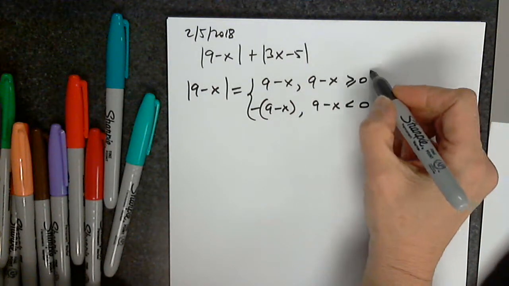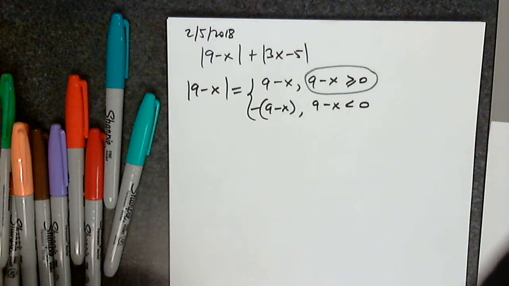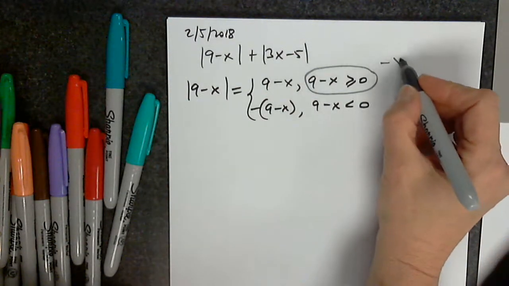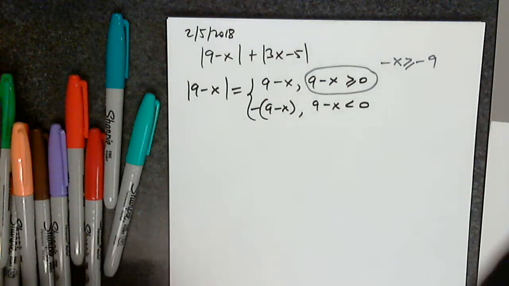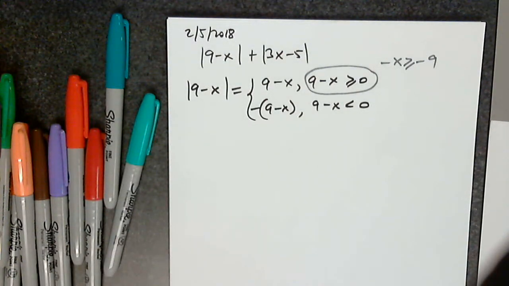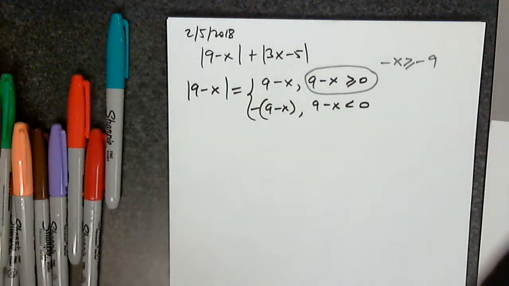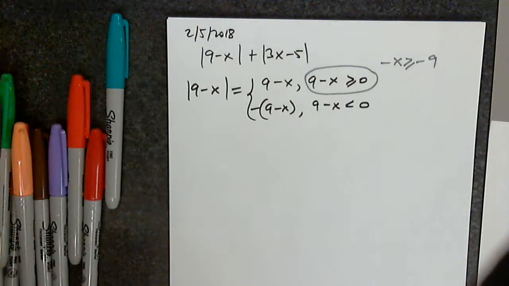So of course I have to solve this inequality, and I move 9 to the other side: negative x greater than or equal to negative 9. Then what do I have to do? I have to divide or multiply. In this case, both work. Divide or multiply both sides by negative 1.